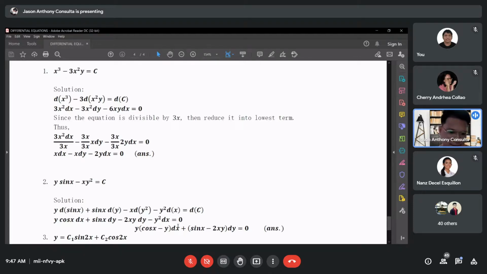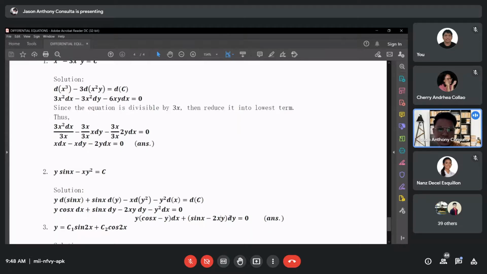Then lahat ng may dx, i-group nyo. Then lahat ng may dy, factor nyo din. So we have y cosine x minus y dx. Ito siya class, oh. And y dx. Then, sin x minus 2xy dy. So, yun yung final answer natin.